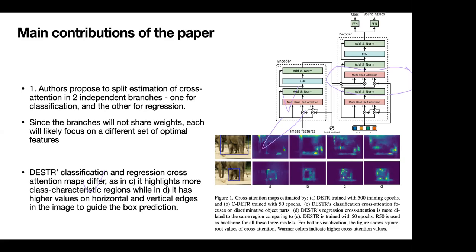So in C, there is a classification cross-attention map, which highlights more cluster characteristic regions, while in D, as you can see, it has higher values on horizontal and vertical edges in the image, so that it guides the box prediction. So this was the first contribution that the authors made to the DETR paper.